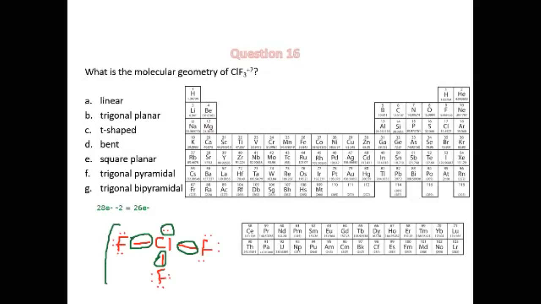And remember, since it's an ion, we have to put it in brackets. If it has 3 bonding pairs and 1 lone pair, the type of molecular geometry is trigonal planar, or excuse me, trigonal pyramidal. So that has 3 bonding pairs, 1 lone pair.